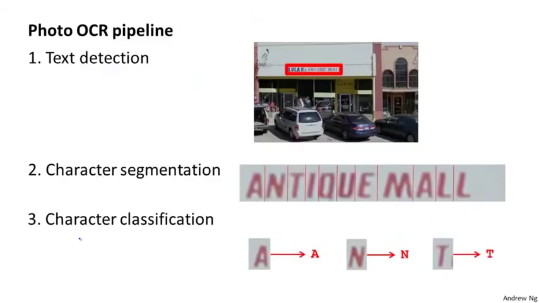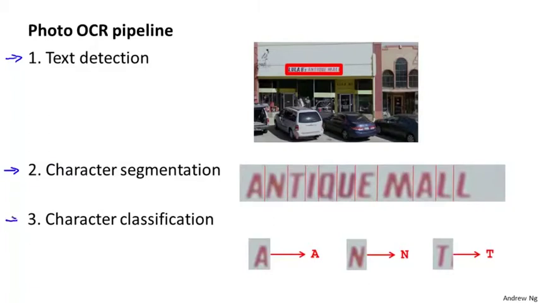So here's the overall photo OCR pipeline again. In this video, we've talked about the text detection step, where we use sliding windows to detect the text, and we also use one-dimensional sliding windows to do character segmentation, to segment this text image into individual characters.